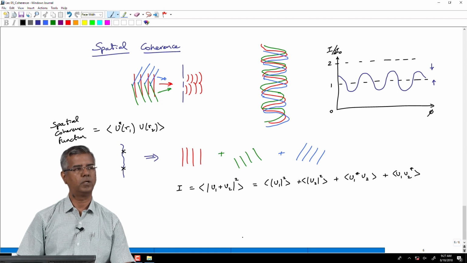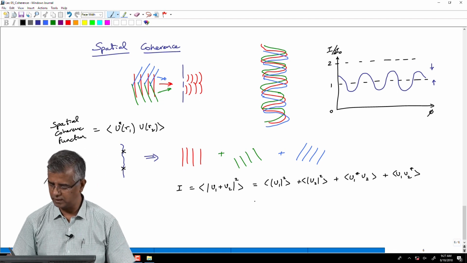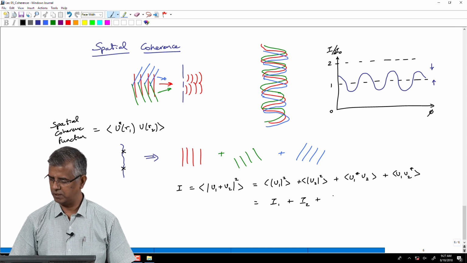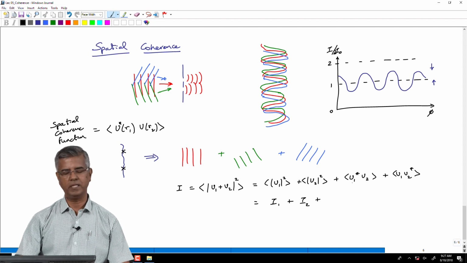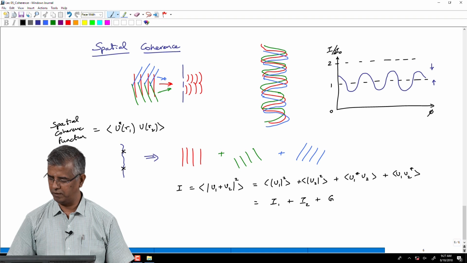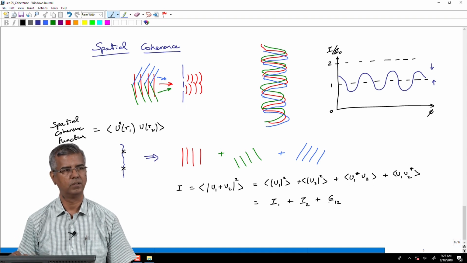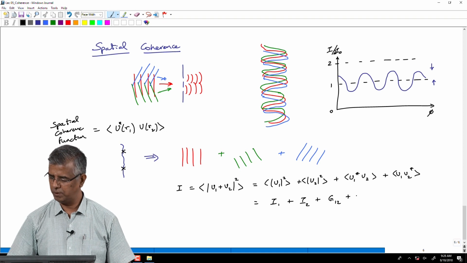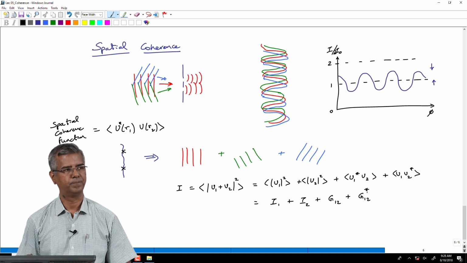This is what we have seen before, and that equals I1 plus I2 plus the time average of u1 conjugate u2, which we have defined as the coherence function G12, plus G12 conjugate.